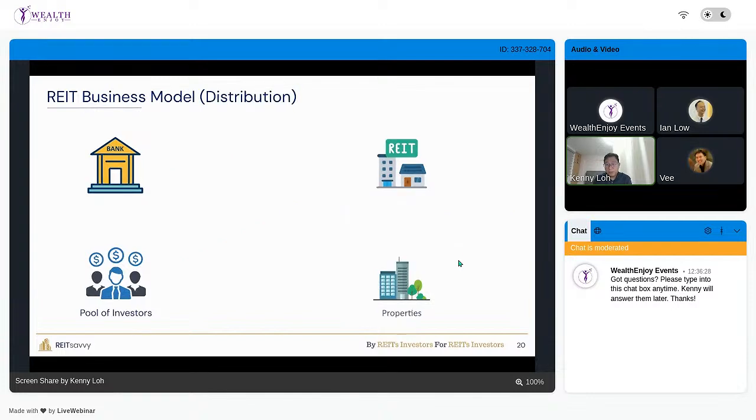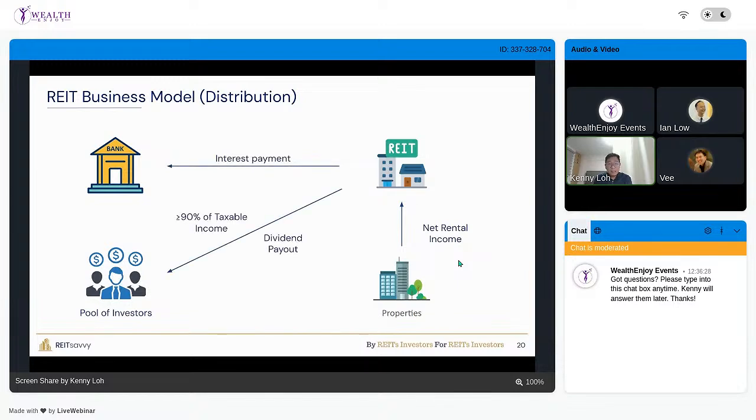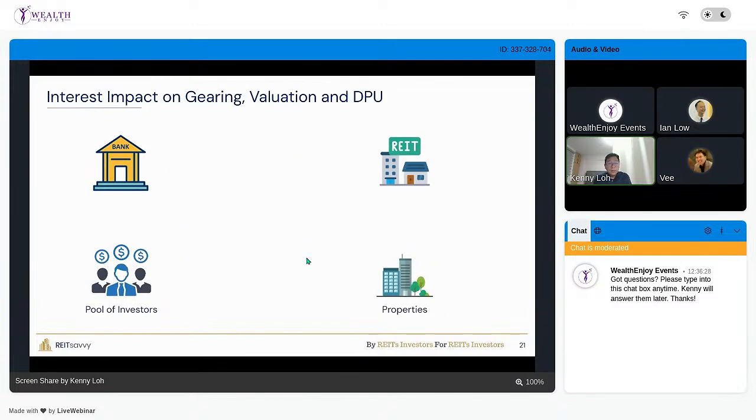After purchasing the real estate property, they will generate rental income. The rental income, after paying off the interest payments, has 90% of taxable income that has to be paid to the investors as dividend payout. All right, I will go through this slowly so that everybody can understand the interest rate impact on the financial ratios.